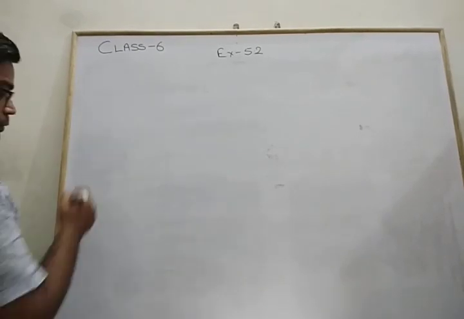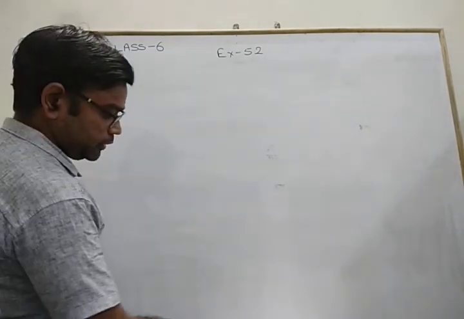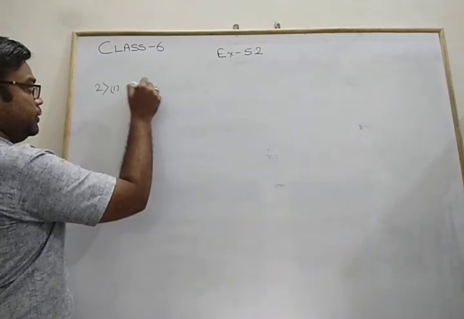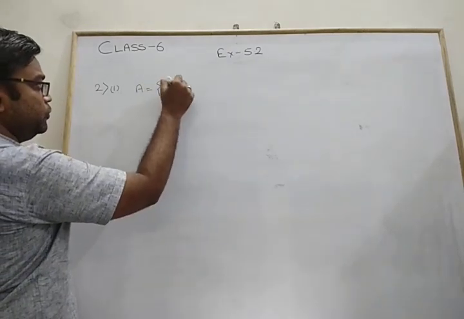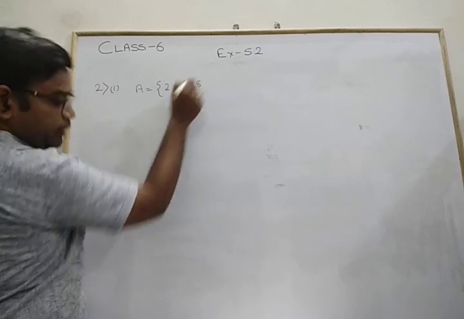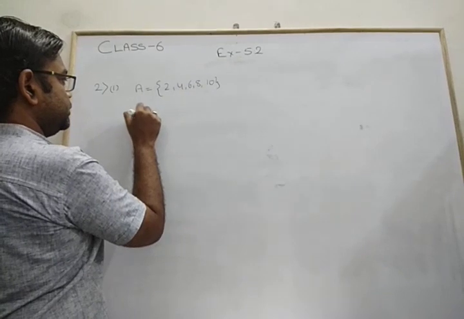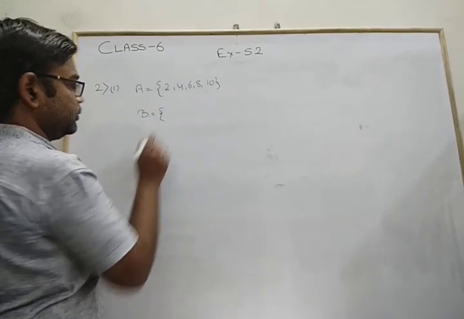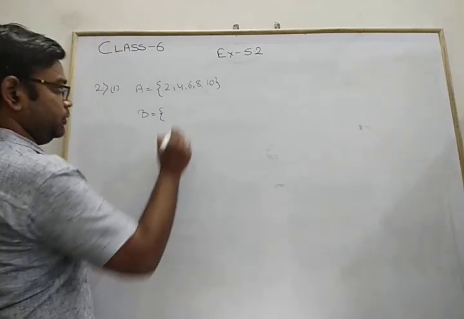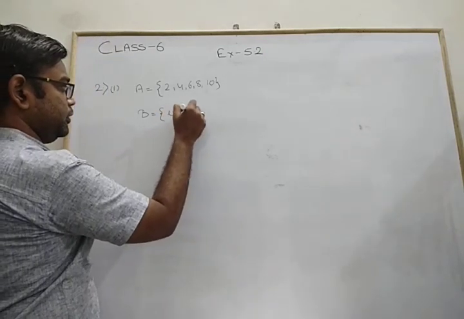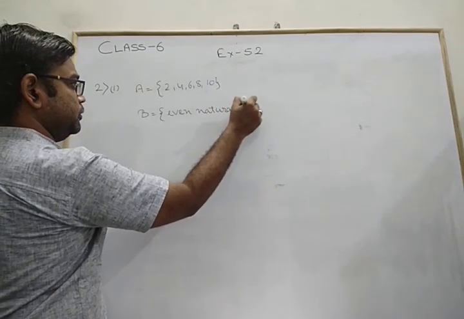Now I am solving question number 2 first. It says that there are two sets. Set A, in this, members are given 2, 4, 6, 8 and 10. In set B, members are given as even natural numbers.